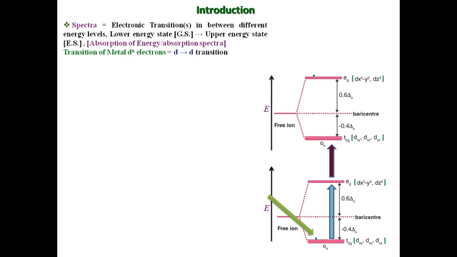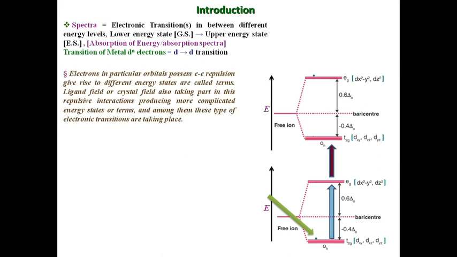For a many-electron system, electrons in particular orbitals possess electron-electron repulsion, giving rise to different energy states called terms. Ligand field and crystal field also take part in these repulsive interactions, producing more complicated energy states or terms.